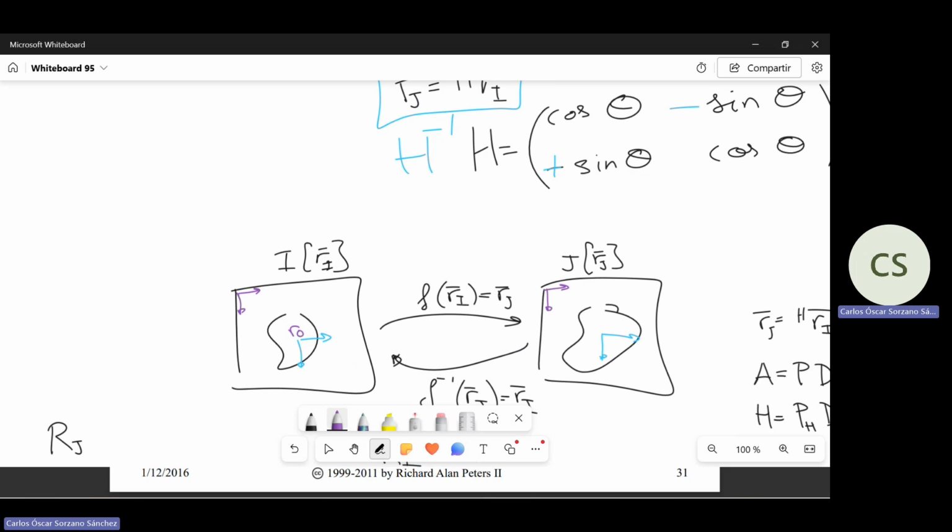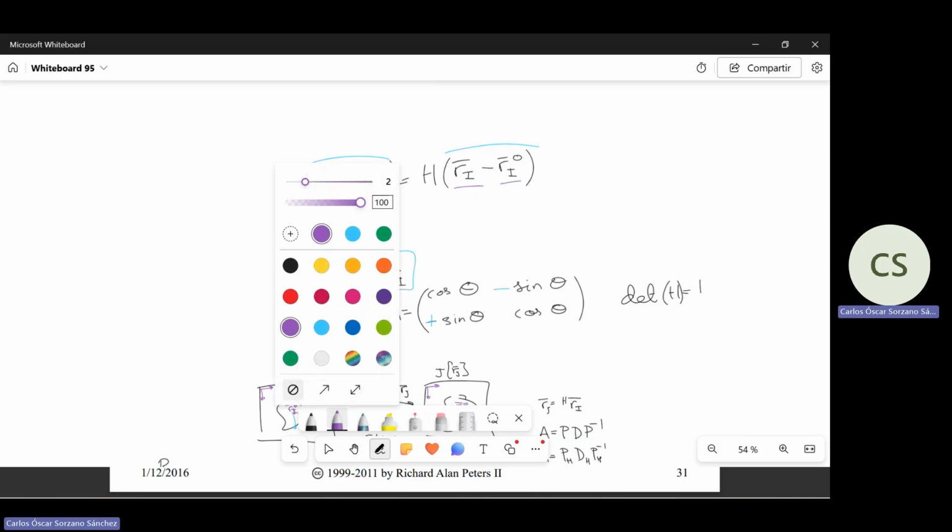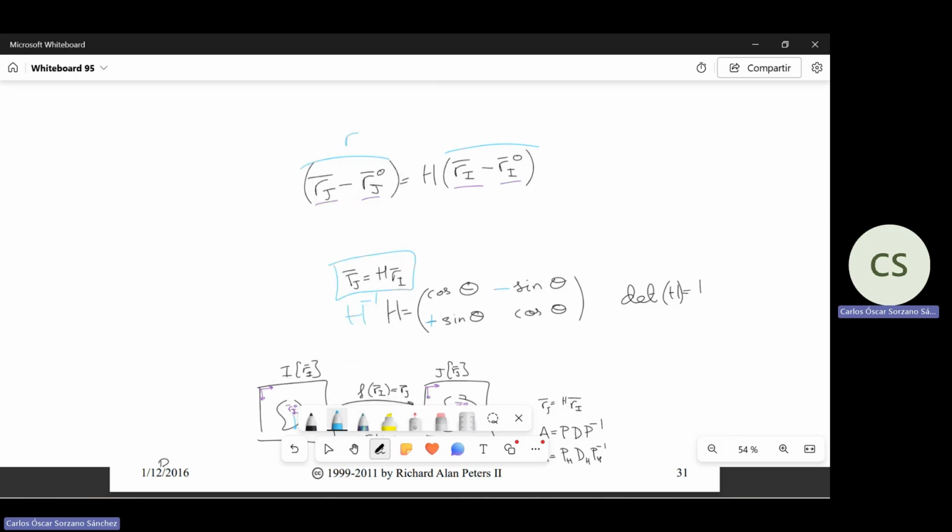This is RJ0, and this is RI. So you have two coordinate systems, one that is centered in the middle of the image, another one that is not centered. This is the center coordinate. This equation is true for the center coordinates.